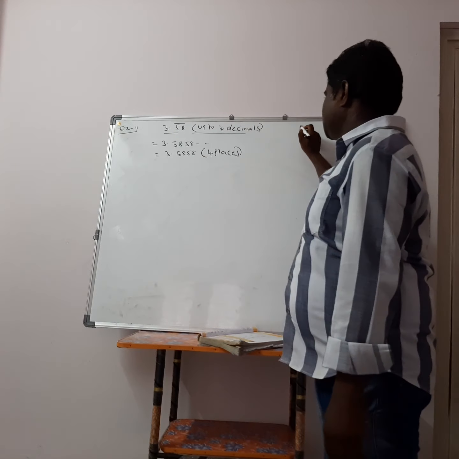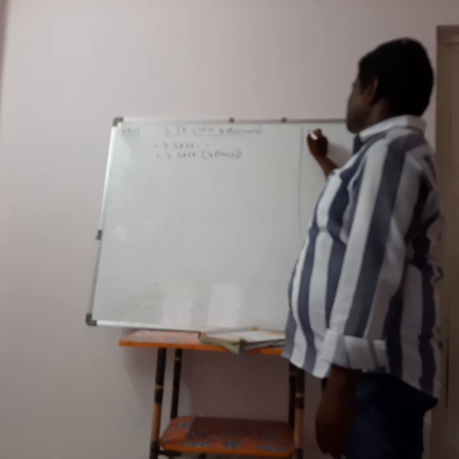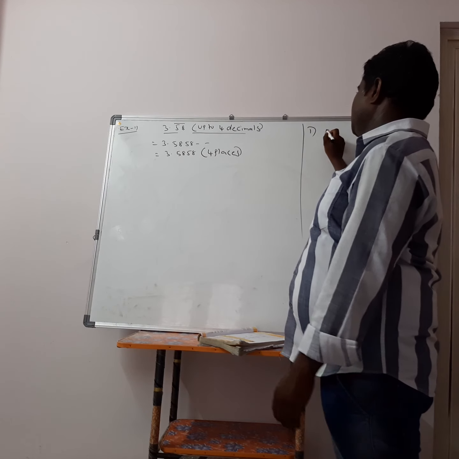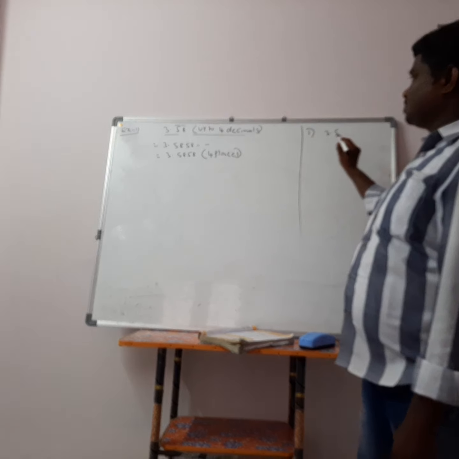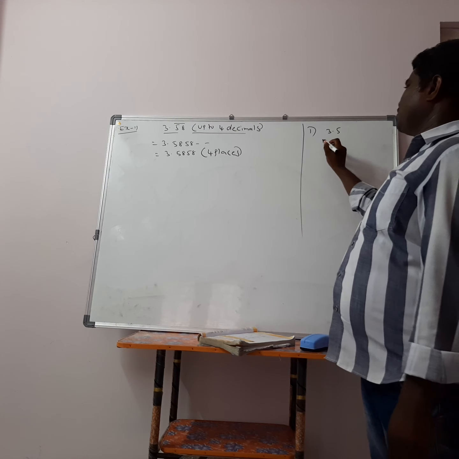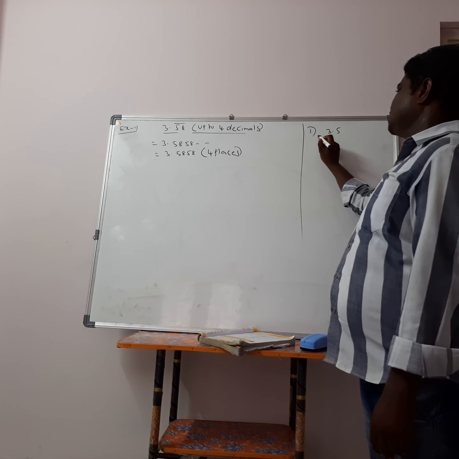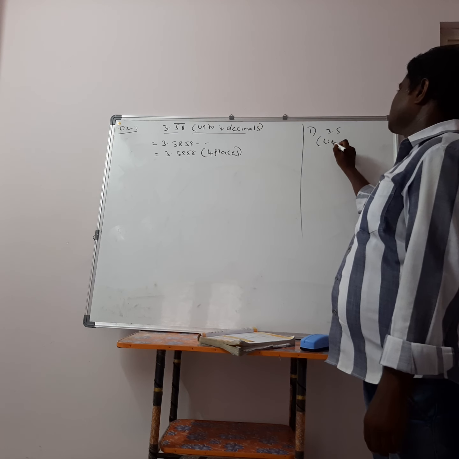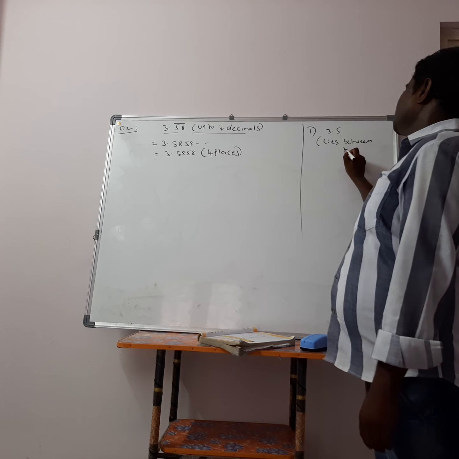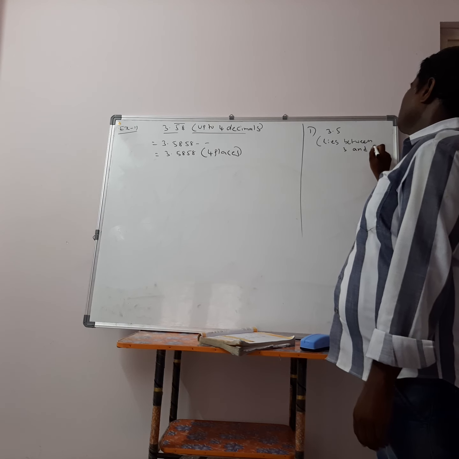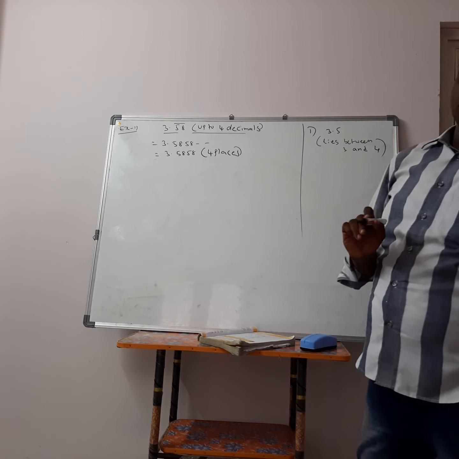The first step is 3.5. I am explaining clearly again. 3.5, first step, lies between 3 and 4.